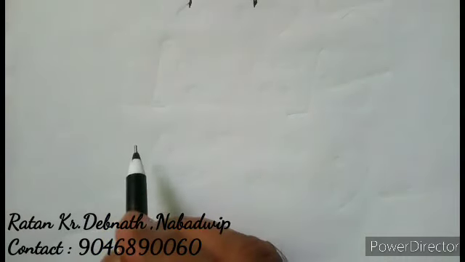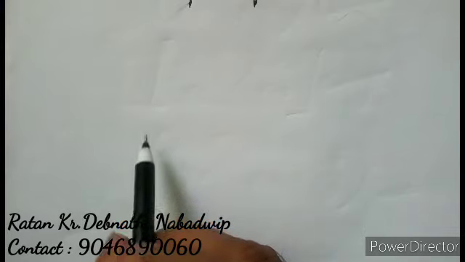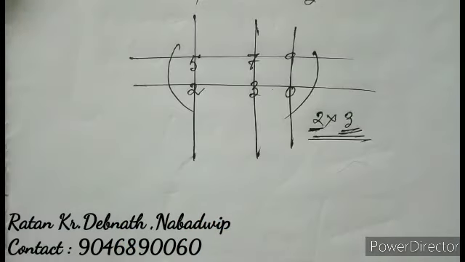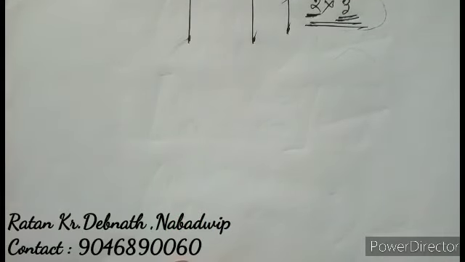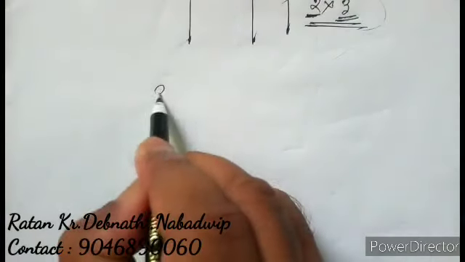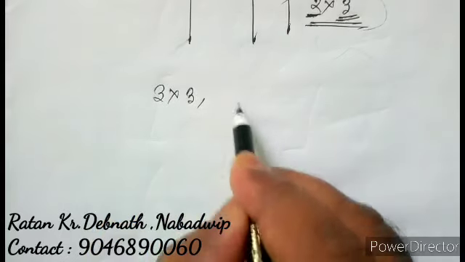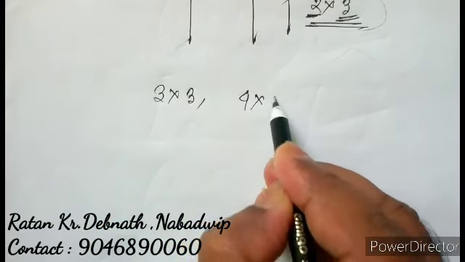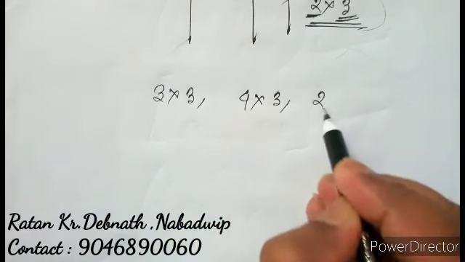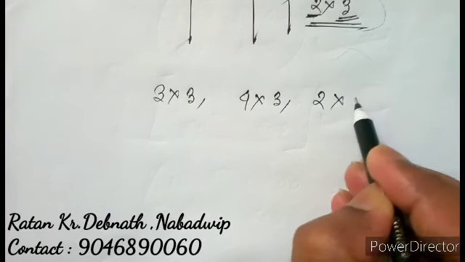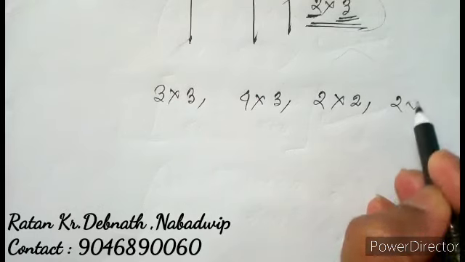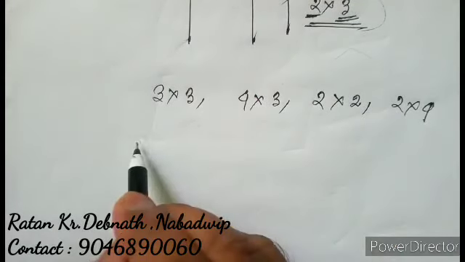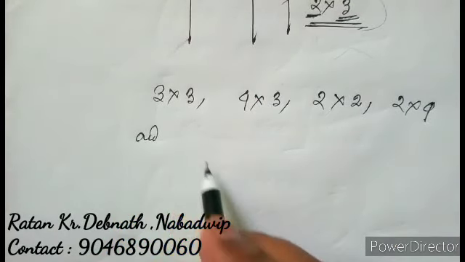Matrices may be in different forms. It is not that a matrix should always be 2 cross 3. A matrix may be 3 cross 3, 4 cross 3, 2 cross 2, 2 cross 4, and so on.